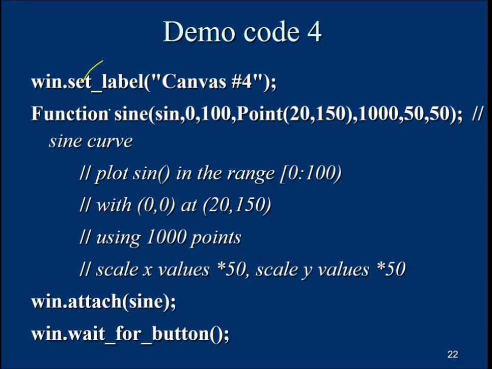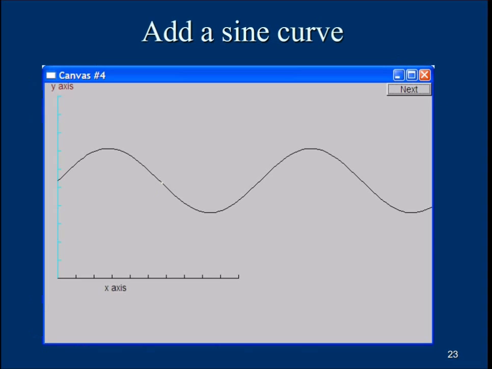It plots the sine curve in the range 0 to 100 with point 0, 0 starting at 20 and 150, using 1000 points, and we are scaling the values, x to 50 and y to 50. Attaching this sine function and waiting for the button, and this is our sine. So we have called this axis and made the graph also.